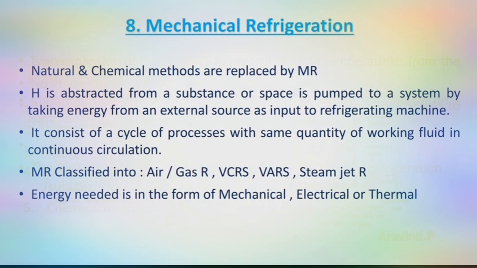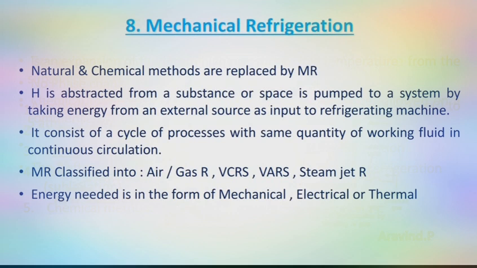In this one, the refrigeration system consists of a cycle of processes in which the same quantity of working fluid, that is the refrigerant, is in continuous circulation. The first commercial refrigeration system was operated in the UK by Perkins.